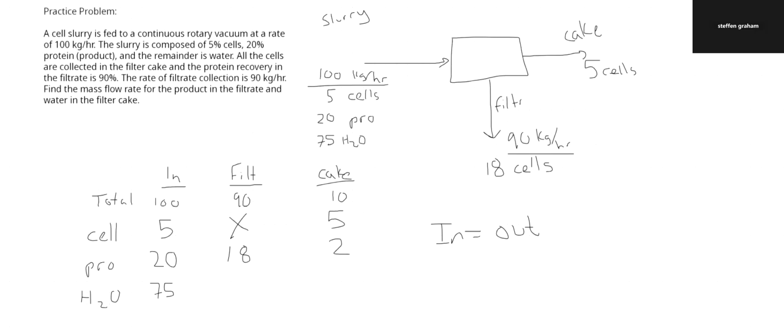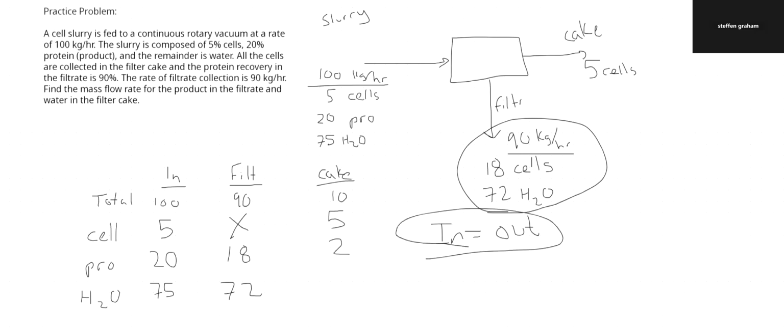So that means the remainder, 72 kilograms per hour, must be water, so that we can get to 90 kilograms per hour total in this filtrate stream. And then, going back to our in equals out, the filter cake must have 3 kilograms per hour of water leaving.